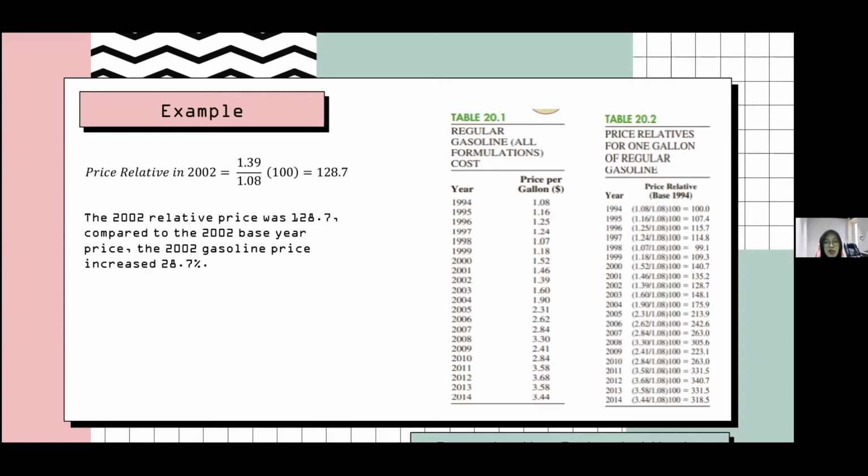The price of gasoline in 2002 is 1.39 divided by the price of gasoline in 1994, which is 1.08 as the base year, and then multiplied by 100. Then the price relative is obtained, which is 128.7, where the relative price in 2002 is 128.7 compared to the base year price. Gasoline price increased 28.7%.